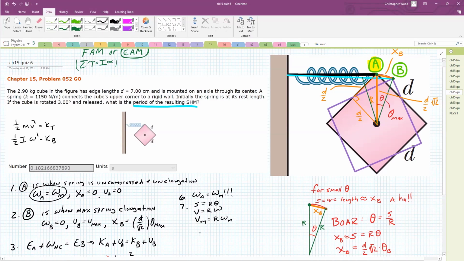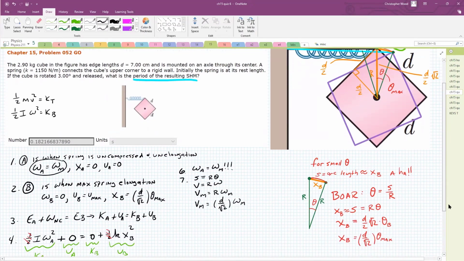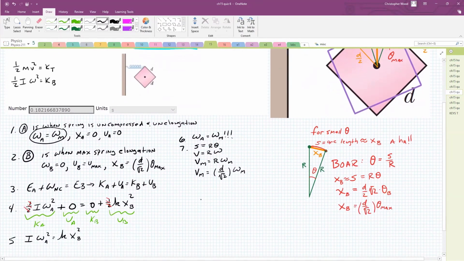To get even more personalized, the maximum velocity equals the arc radius, which is d over root 2, times the maximum angular velocity. And that's the substitution I'm going to go with. Omega m, the maximum angular velocity, is going to equal the maximum velocity all over the arc radius.